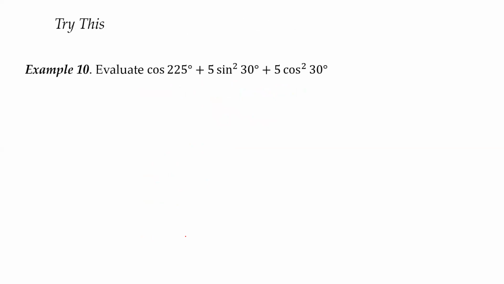Number 10, okay. Evaluate cosine 225 plus 5 sine squared 30 plus 5 cosine squared 30. Let us simplify this again, so this is equal to cosine 225 plus 5 sine 30 squared plus 5 cosine 30 squared.